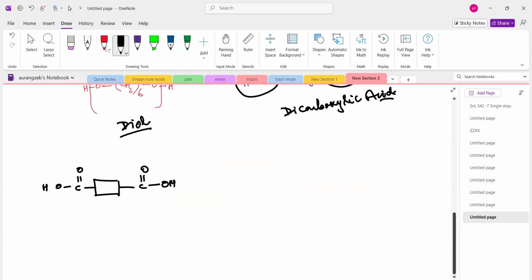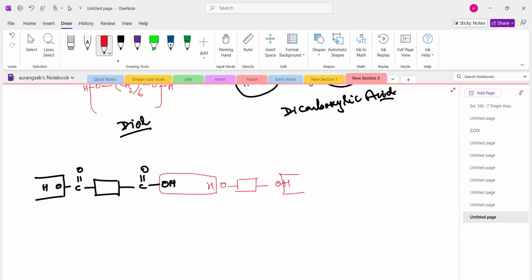And if I have another alcohol, which is a diol, like this, they will condense with the loss of water. So this OH will be lost and this H from the other side will be lost during this process, and it keeps on going.